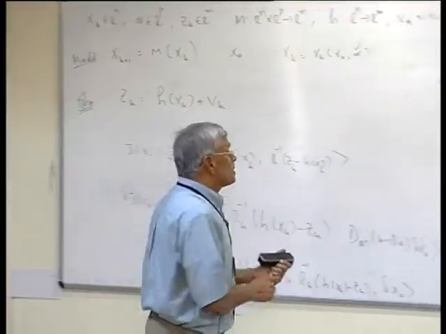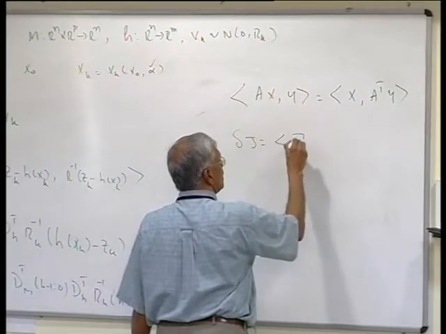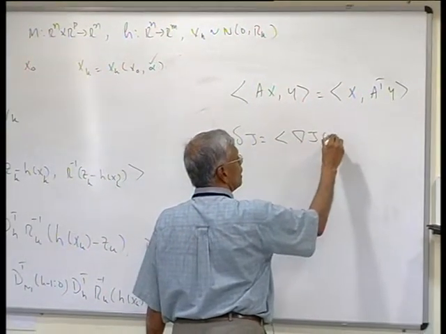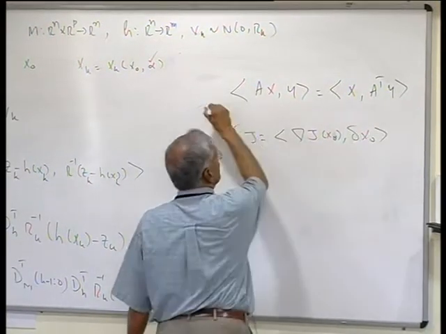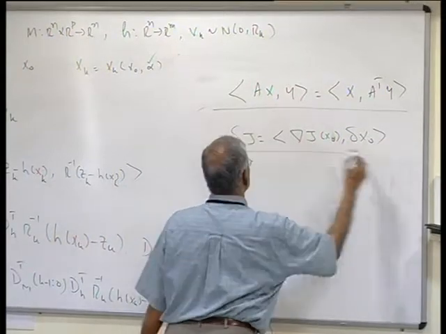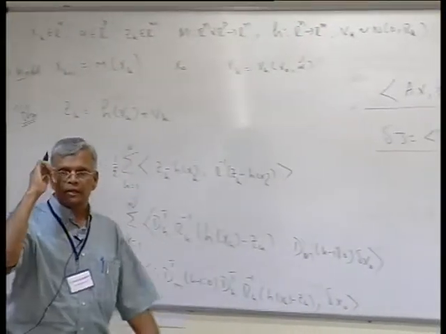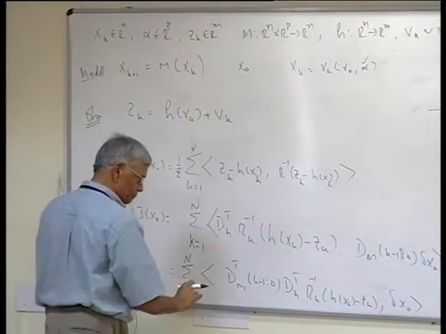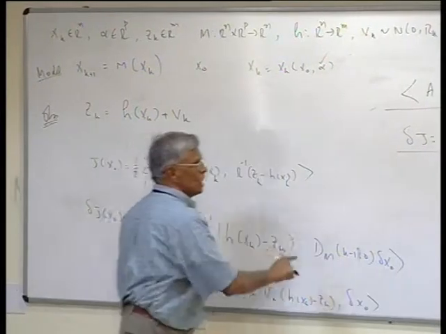Okay, from fundamental principles, what do we know? Fundamental principle tells you the first variation must be the inner product of the gradient with delta x naught. Here I have delta x naught is equal to this. By combining these two, what did I get?